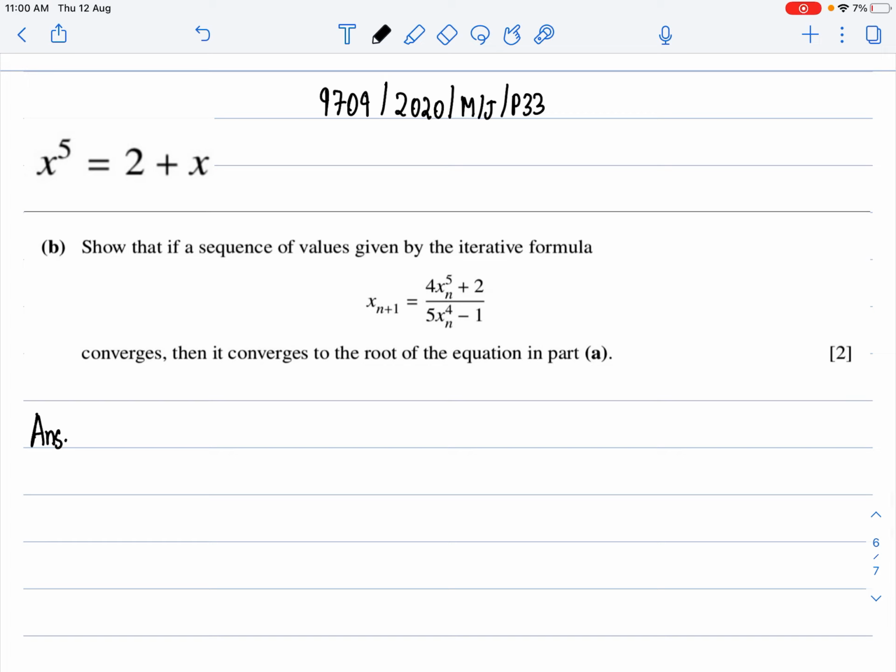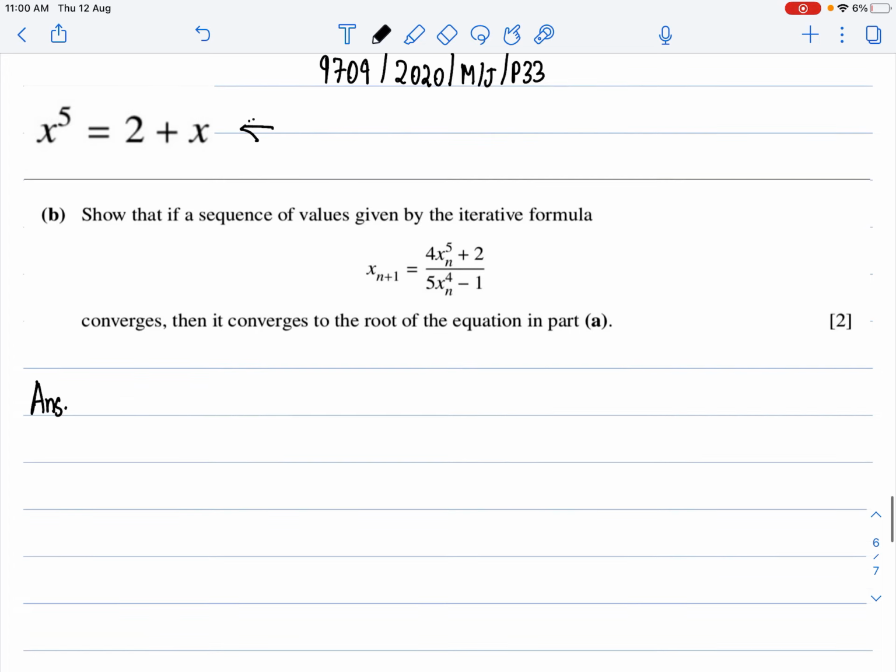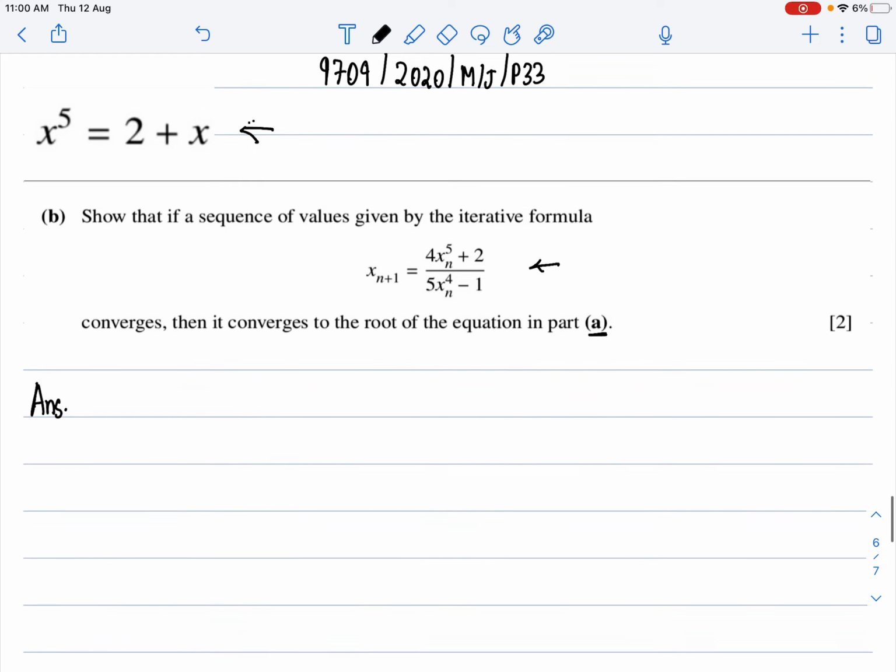Now let's do one last type of question. This is from 2020 May June paper 33. In part A they'll give you an equation like this, correct? And in part B, they'll ask you to show that a sequence of values given by the iterative formula, which is given here, converges to the root of the equation in part A. It's similar: write this equation without the n's and n plus 1.